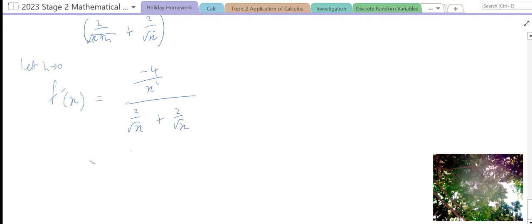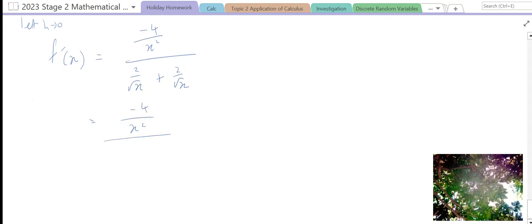This is equal to minus 4 on x squared on 4 on root x. I'm hoping you're happy that these guys have a common denominator of root x. So 2 on root x plus 2 on root x is 4 on root x.